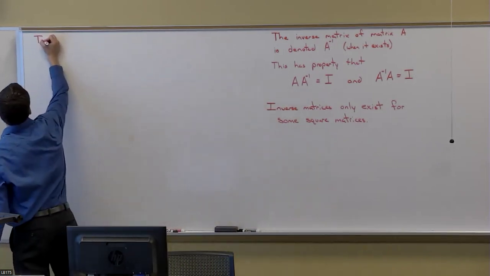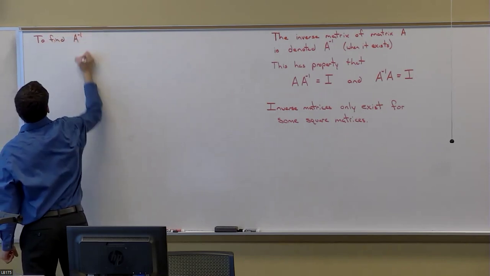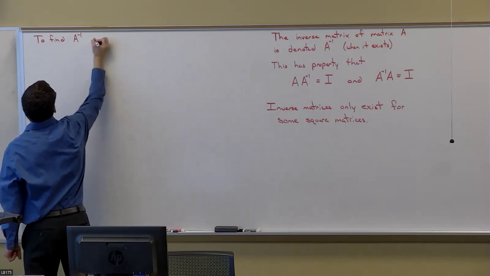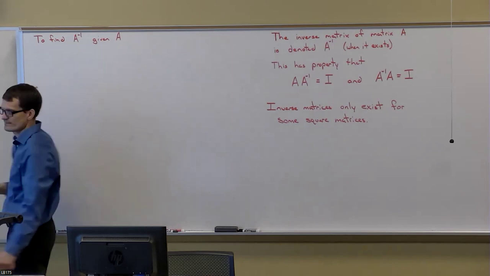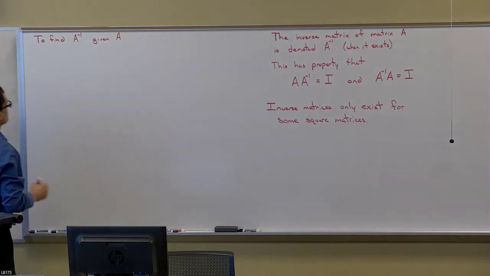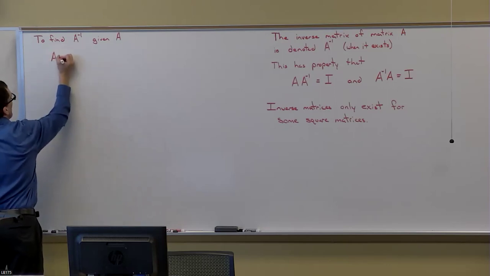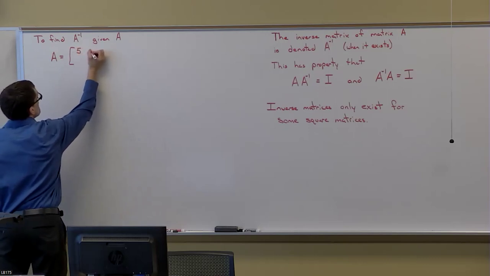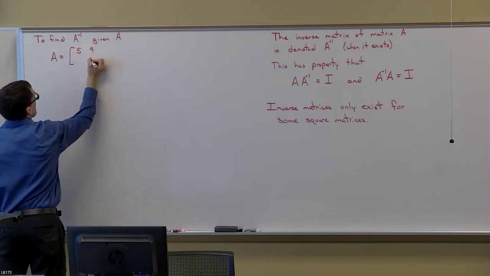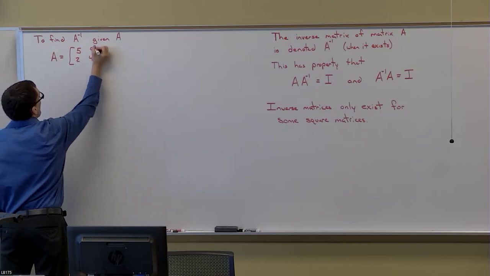All right, so let's say we want to find an A inverse given A. Let's say A is 5, 9, 2, 4.